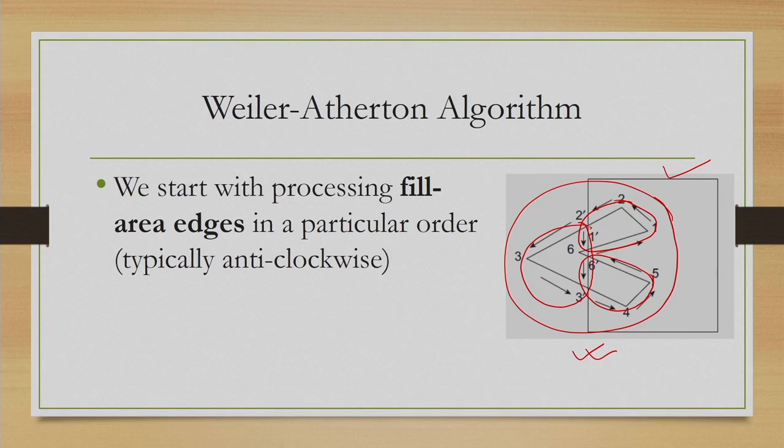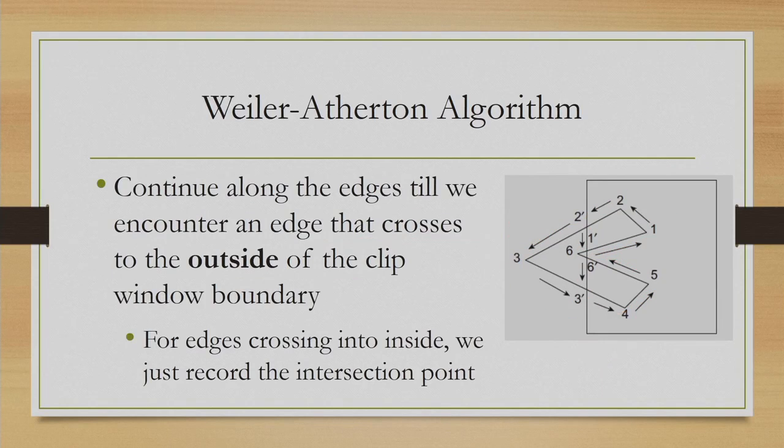Here we start with processing the fill area edges in a particular order, which is typically anti-clockwise order. What do we do in the processing? We check the edges one by one, continuing along the edges until we encounter an edge that crosses to the outside of the clip window boundary. Let us start with edge 1 2.